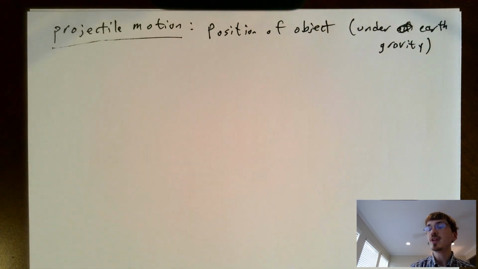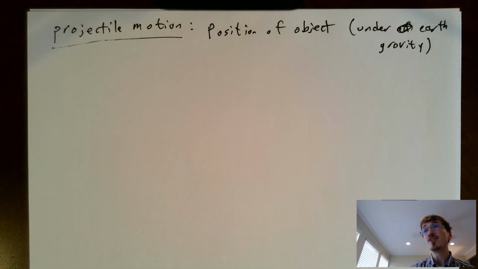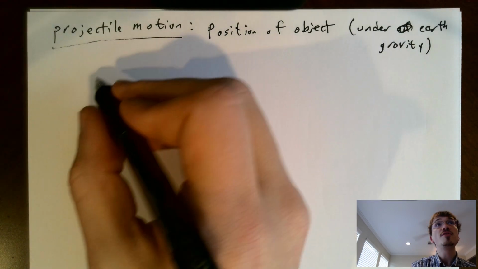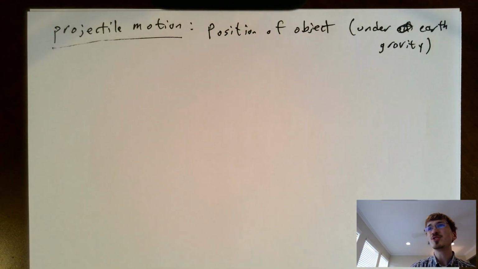If you toss a baseball in the air, it's going to come down, not because you've done anything to it, but because the force that's acting on it is the gravitational force, right?